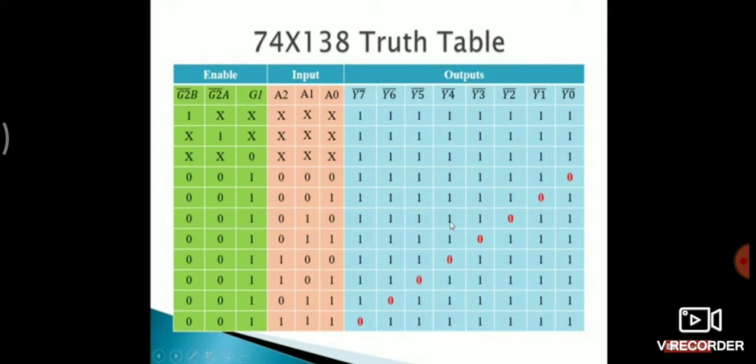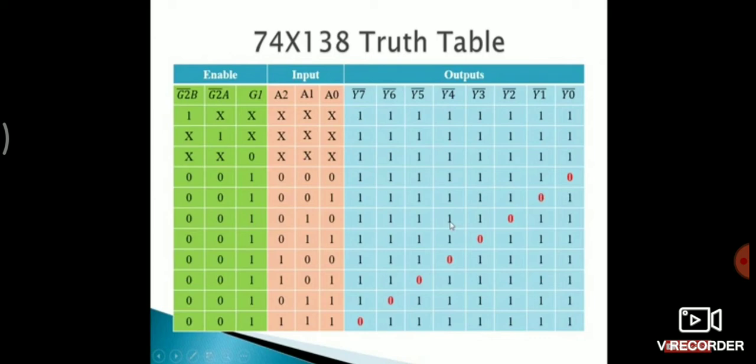Only then is this decoder enabled. If G2 bar B is high, whatever the other inputs, all the outputs will be high. And if G2 bar A is high or G1 is 0, whatever the others, all outputs will be high. That means in these 3 cases, the decoder is disabled.